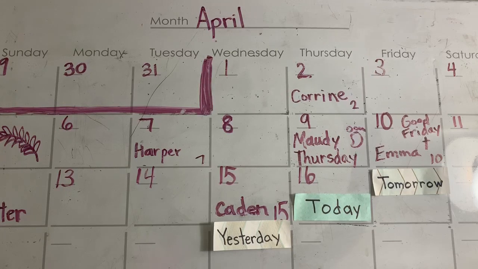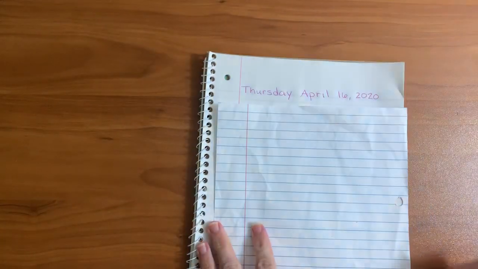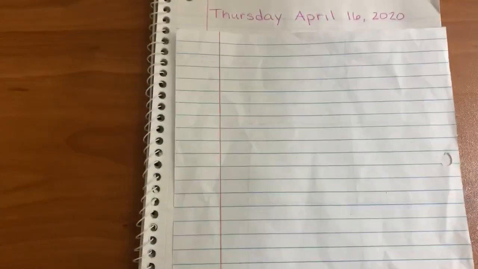Awesome job. We've got our notebooks ready. I have put the date in my notebook, and one of the things we're going to work on with our math today is, again, talking about being able to write our numbers 11 through 30.